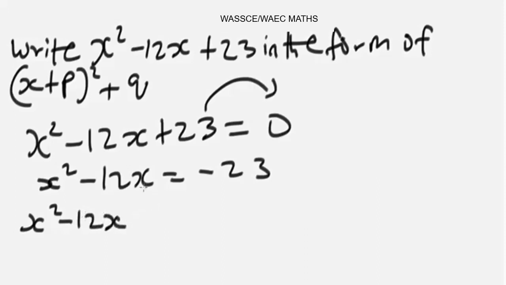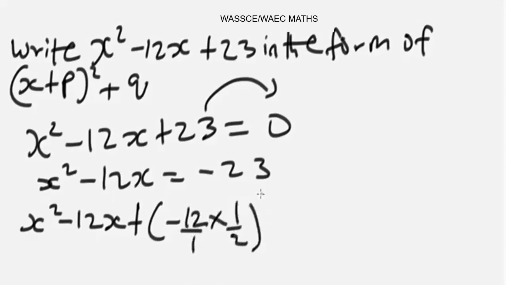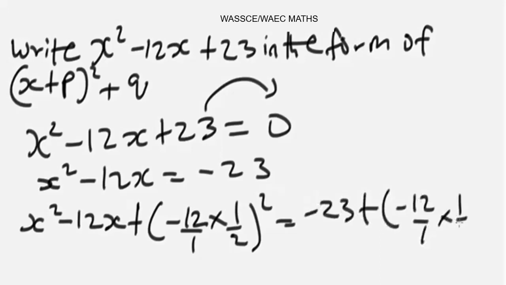So the coefficient of minus 12x gives us minus 12. So we're going to have x squared minus 12x plus minus 12 times 1 over 2, squared, equals minus 23 plus minus 12 over 1 times 1 over 2, squared.